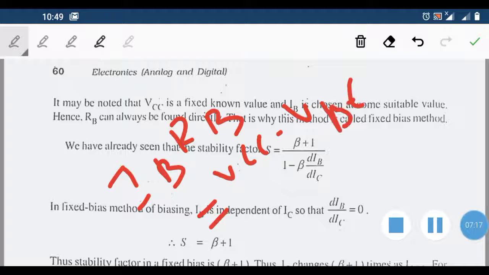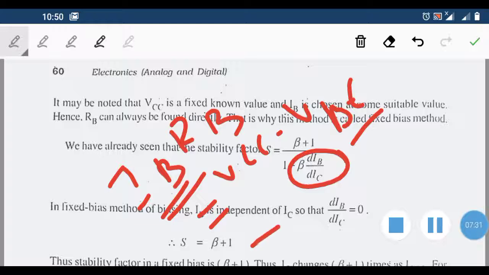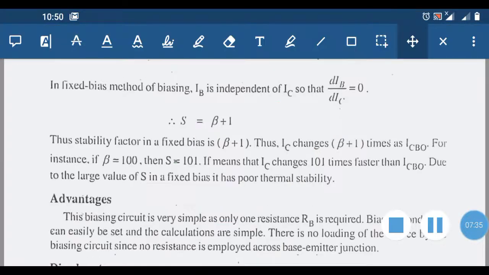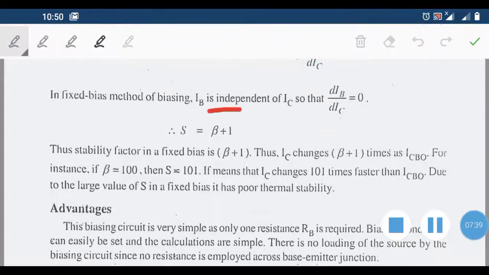So there is no dependence between IB and IC, so you can substitute dIB by dIC is equal to 0. Then S is equal to beta plus 1 divided by 1 minus 0, so S is equal to beta plus 1. The stability factor in the base resistance method is beta plus 1.